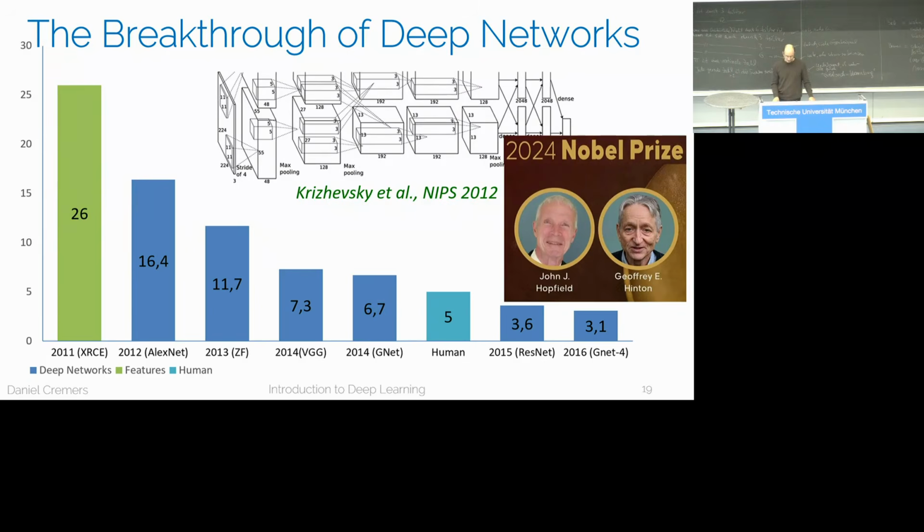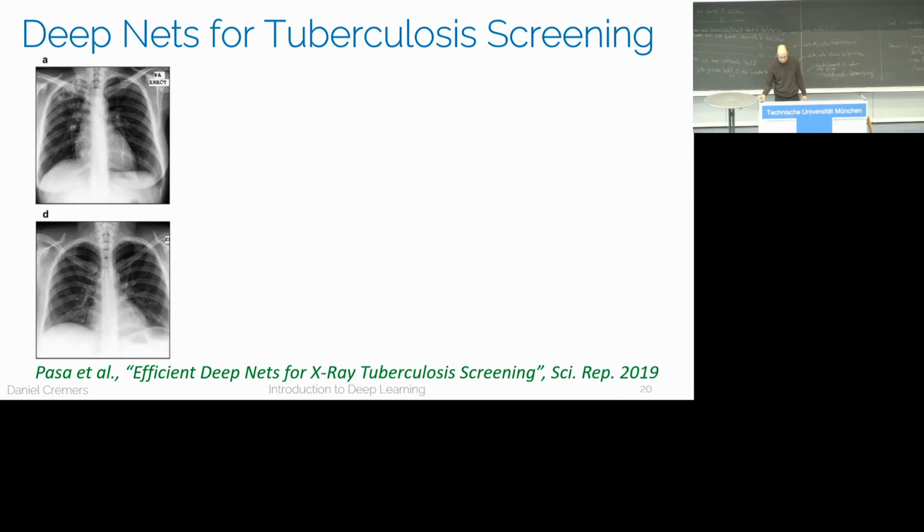So this was a breakthrough, and in the wake of this work, we and many others looked into how we can apply neural networks to solve a variety of challenges in artificial intelligence and data analysis. For example, this is one work we did, there's many, but we started around 2014 working on deep networks. This is one work we published where we showed you can use deep nets for tuberculosis screening from X-ray imagery.